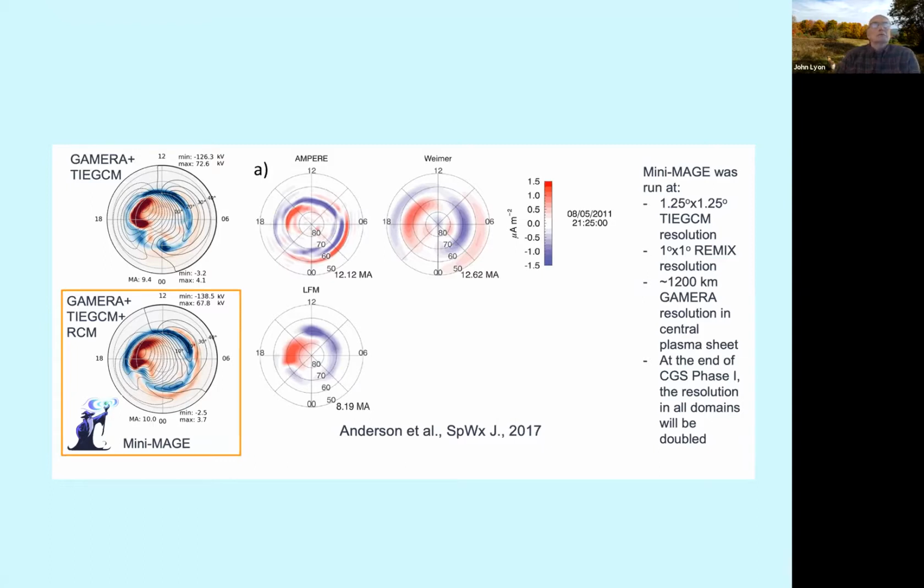And the old LFM, which is relatively low resolution, has some of the same features, but really needs a lot of work. So overall, I think we're very pleased with how mini MHD is behaving.